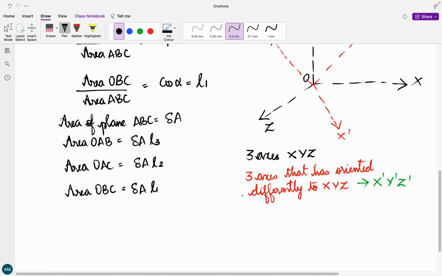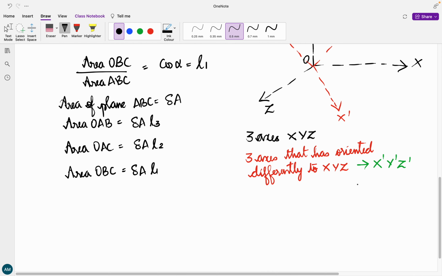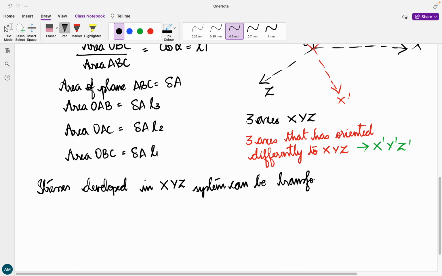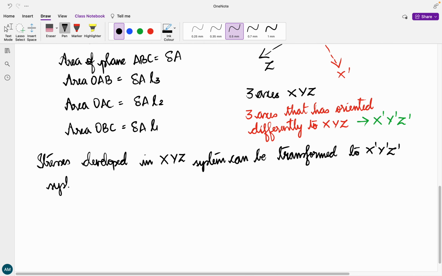So, the stress that is going to be developed in x, y, z will be transformed to x dash, y dash, z dash. I'll just write it. Stresses developed in the x, y, z system can be transformed to the x dash y dash z dash system.